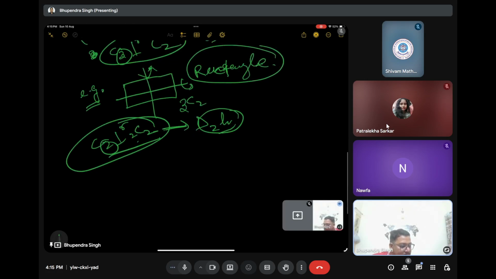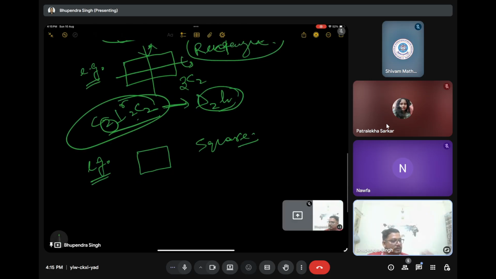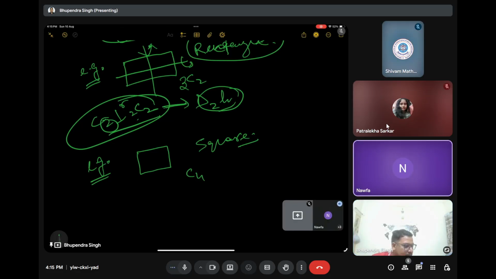Now again, similar to this is a square. Now tell me, C4, yes. Okay, 3 C2s.